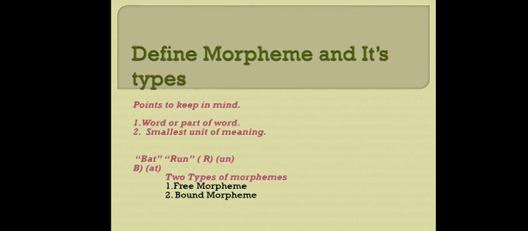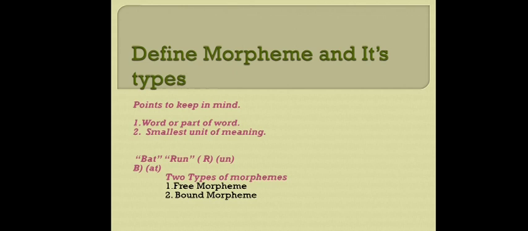But if you talk about bound morpheme, it cannot give you a complete meaning if it is separated from a free morpheme. If you separate er from teacher, like teach and er, so er is a bound morpheme, but it cannot give its meaning if it is not attached to teach.